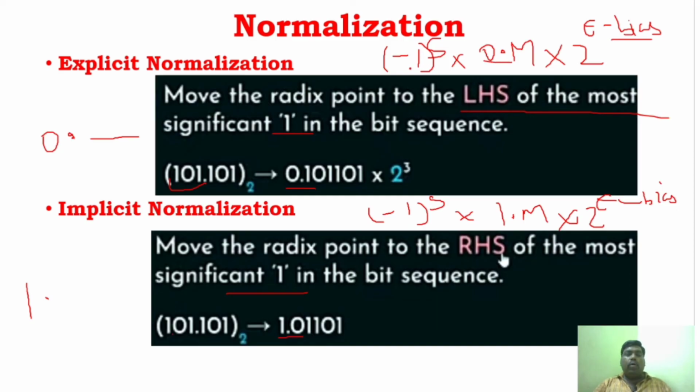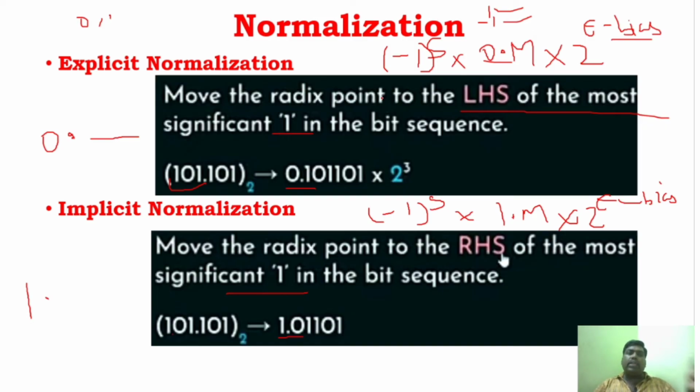And you don't need to worry about the sign bit. Sign bit will be either 0 or 1. Why have I represented -1? Because if it is 0, anything to the power of 0 will be 1, and if it is 1, it will be -1. So it will be either positive or negative. That is why the formula is written like this.